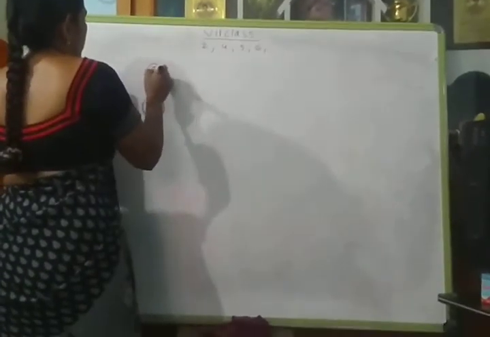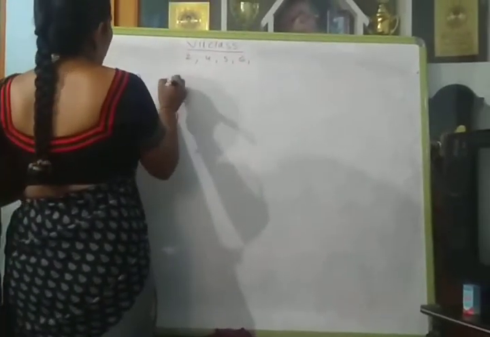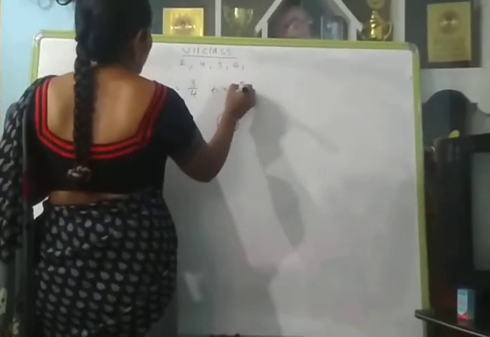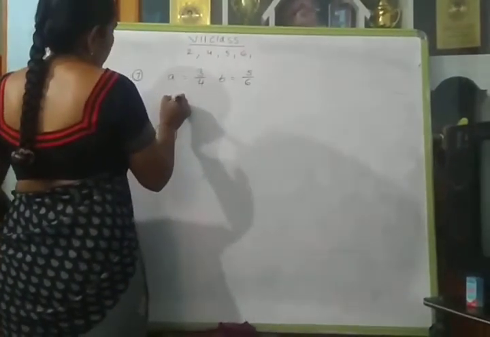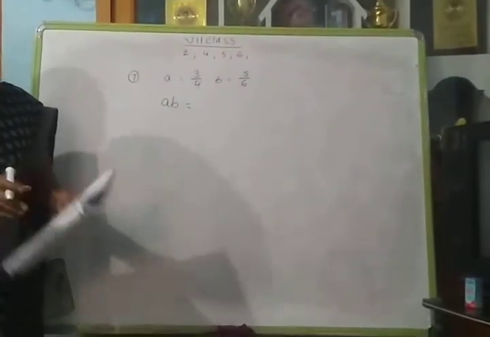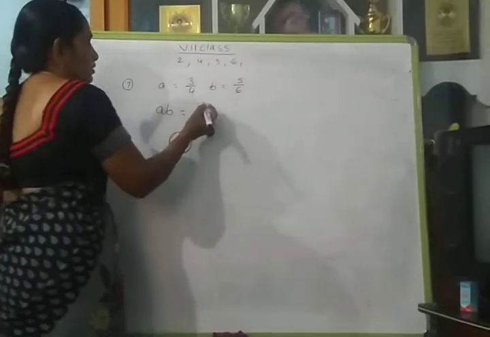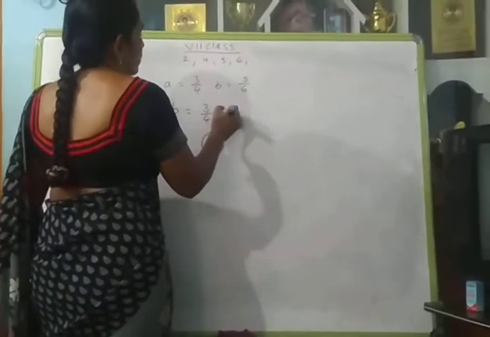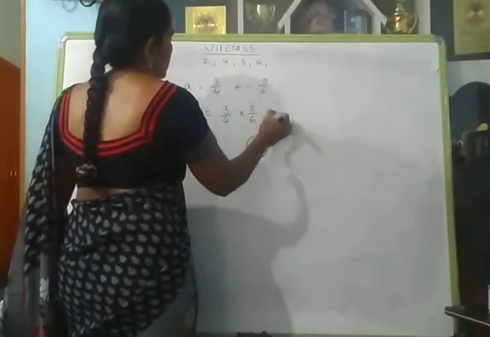Look at seventh one. A is equal to 3 by 4. B is equal to 5 by 6. Then AB. AB means what we have to do here? A into B, multiplication. AB means variables multiplication like this only, right? So 3 by 4 into 5 by 6.